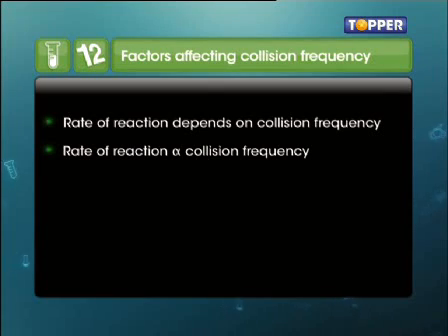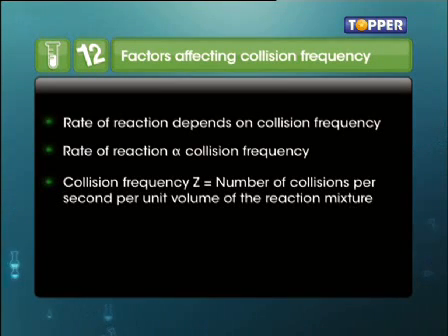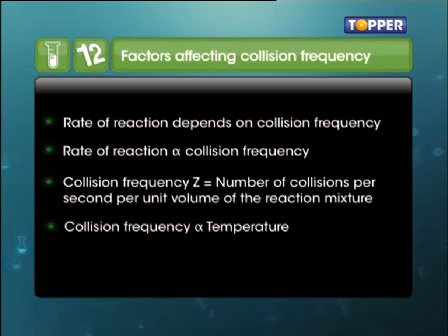In other words, the rate of a reaction is also proportional to the collision frequency, which is the number of collisions occurring per second per unit volume of the reaction mixture and is denoted by Z. Collision frequency increases with temperature. Higher the temperature, the larger the number of collisions will be.